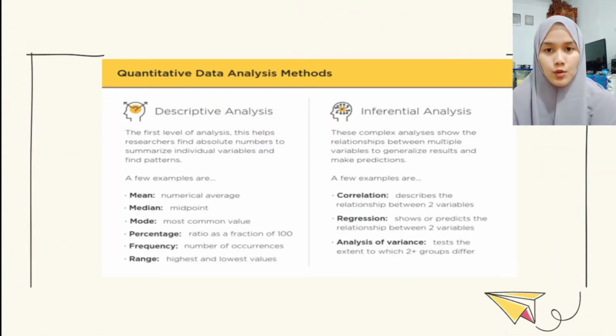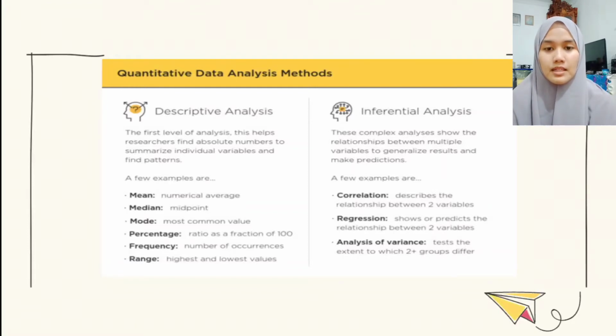There are two data analysis methods, descriptive analysis and inferential analysis. Descriptive analysis is the first level of analysis, and it helps researchers find absolute numbers to summarize individual variables and find patterns.